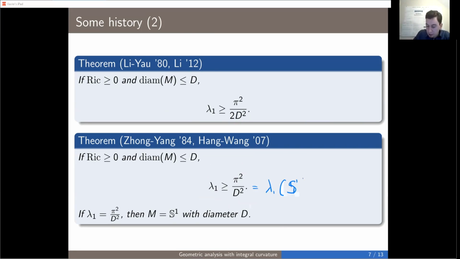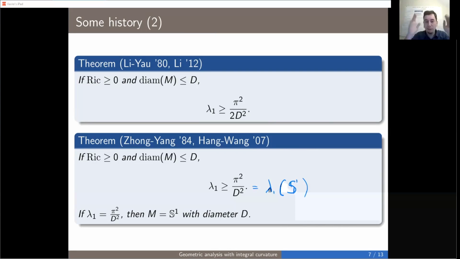Okay, actually, this is pretty easy to compute. If you ever wanna try it, you can compute the first eigenvalue of the circle. You can use polar coordinates and write the Laplacian in polar coordinates. You'll see that the first non-zero eigenvalue of the circle is 1 over the radius squared.